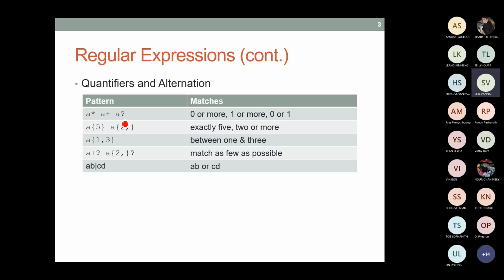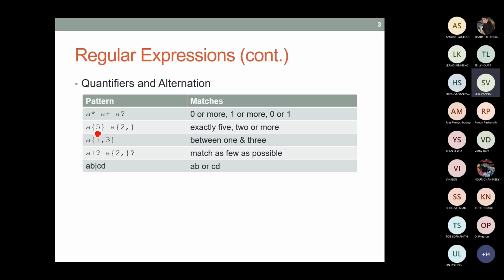If we put a question mark, it means that the letter A is optional, so 0 or 1. If we want to specify an exact number of symbols, we can put the number inside curly brackets. Here it means we must have a sequence of exactly 5 A's.